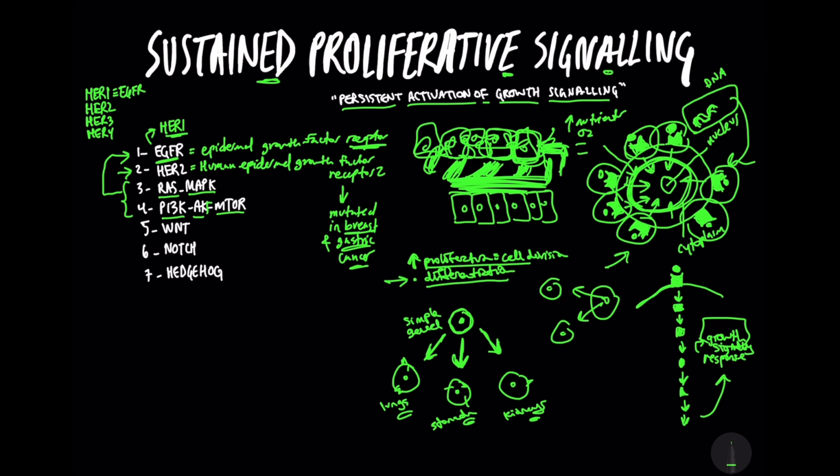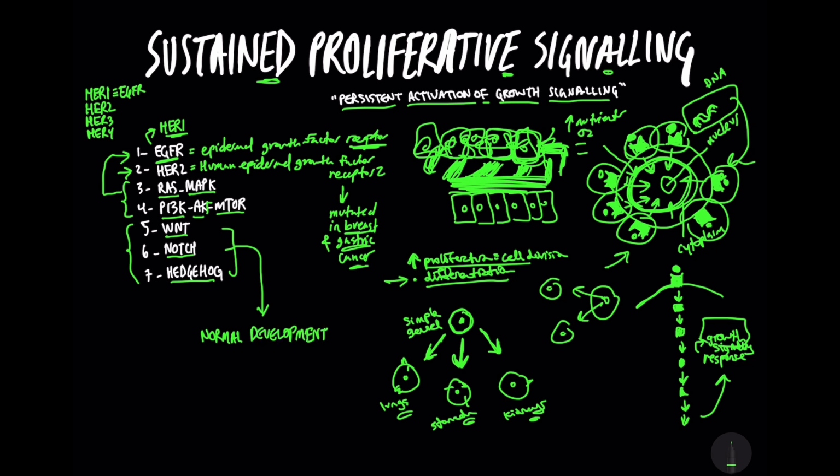Next, we're going to just touch on these last 3 pathways. The WNT, also called the Wnt pathway, then we have the notch pathway, and then we have the hedgehog pathway. These three pathways, you may or may not recall, are really important in the context of normal development.